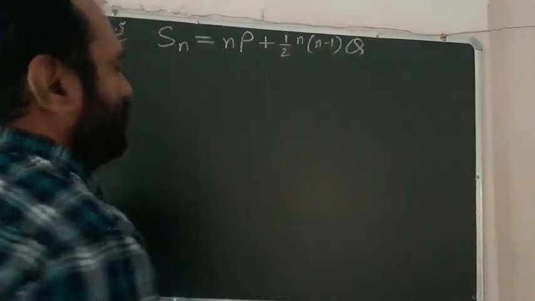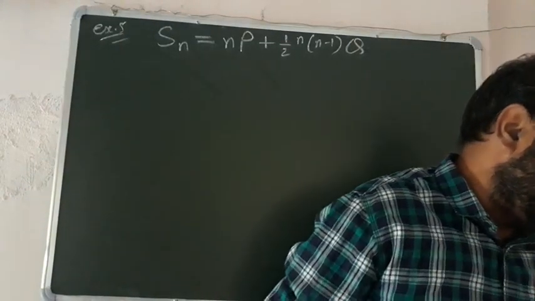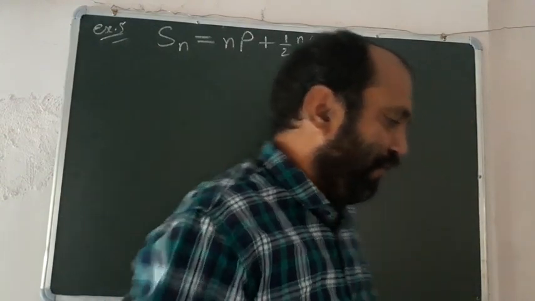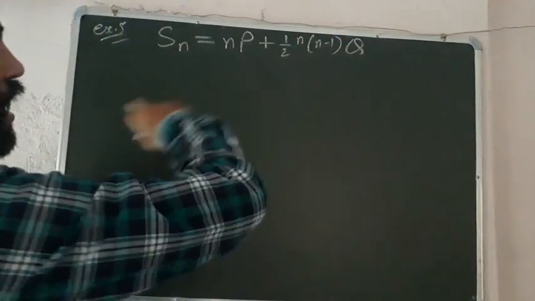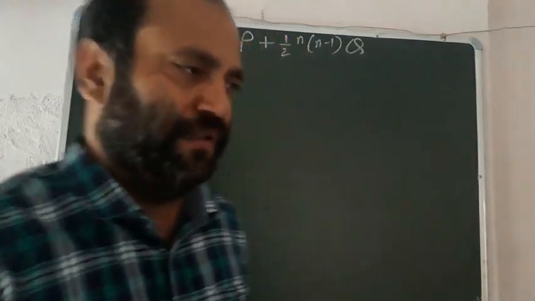So this is the question. In this question the sum of n terms is given of an AP where p and q are constants. You have to find the common difference for this question.